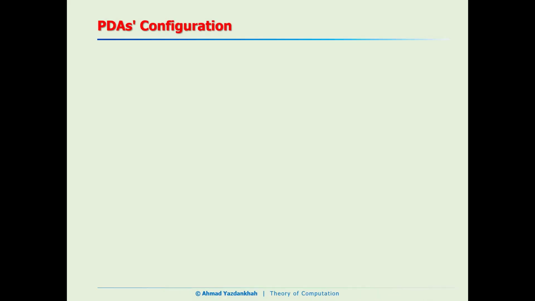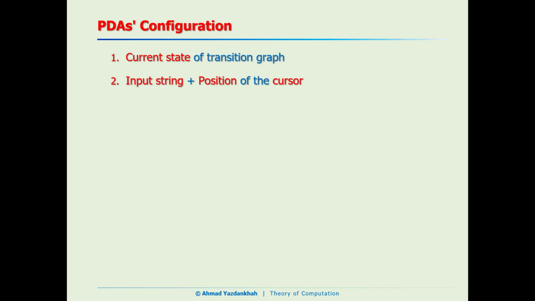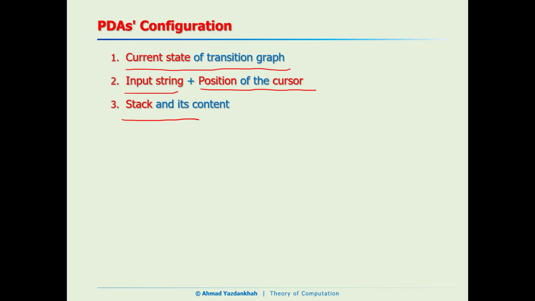In fact, the configuration is common between deterministic PDAs and non-deterministic PDAs. So the current state of the transition graph, the input string and the position of the cursor, and the stack and its content. We don't need to talk about the stack pointer because it always points to the top of the stack. So these pieces of information are the configuration of the PDAs.